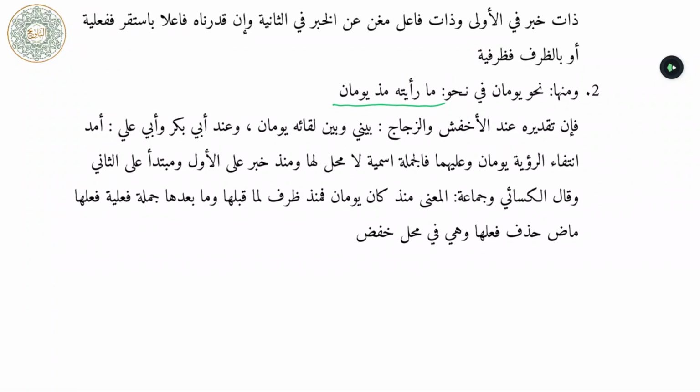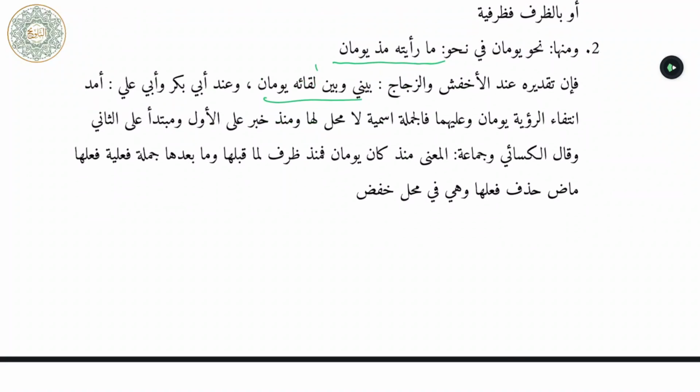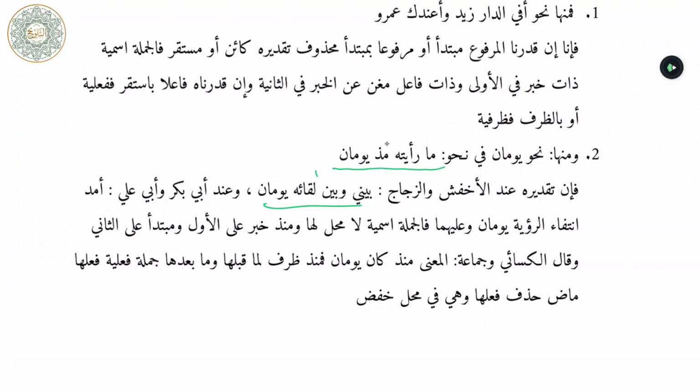Interpretation number 1, ما رأيته مذ يومان is in the power of ما رأيته بيني وبين لقائه يومان. Interpretation number 2, ما رأيته مذ يومان أي أمد انتفاء الرؤية يومان. Okay. So when we write ما رأيته مذ يومان, we can either understand مذ to be بيني وبين لقائي.